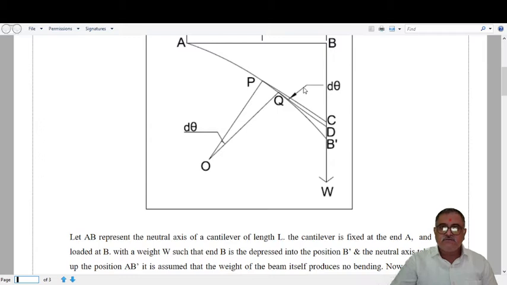Means here for the depression we are not considering the weight of that beam.